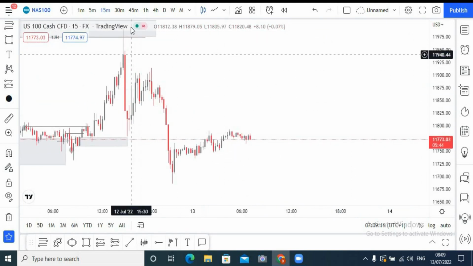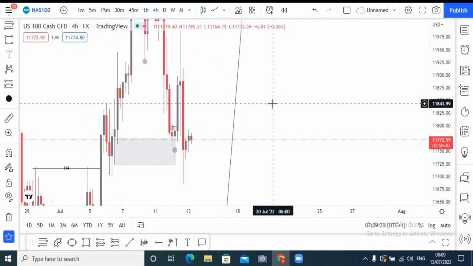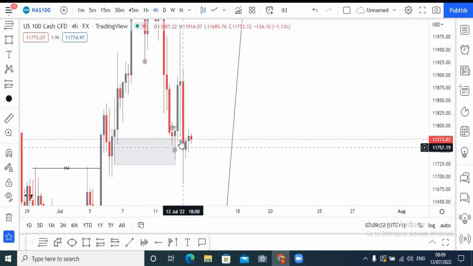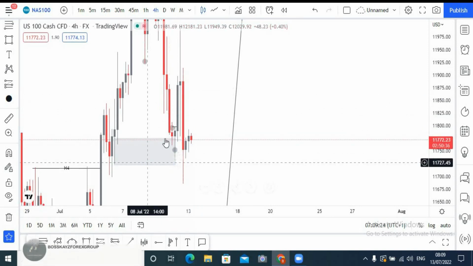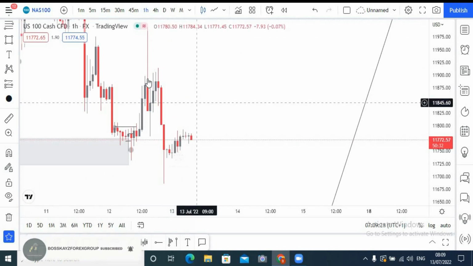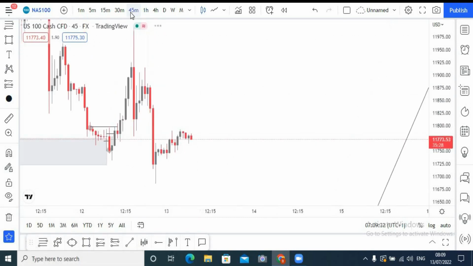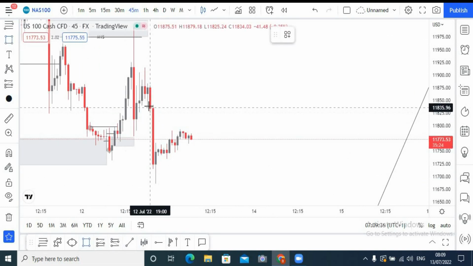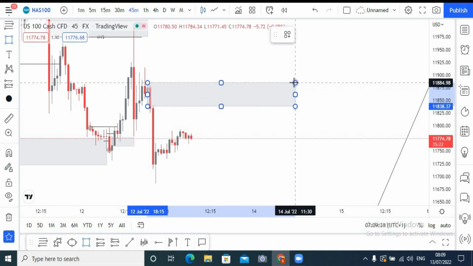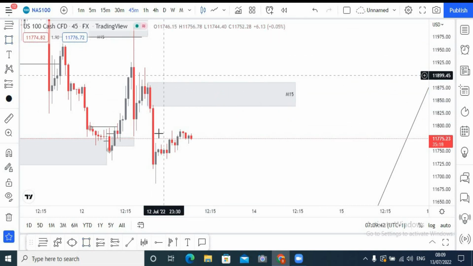Now you have to understand that if we go to the H4 time frame, we had the imbalance. Do you see an imbalance? But this one is not clear enough in the H4 time frame. Yeah, also here, meaning this will be our order block. This will be our order block.